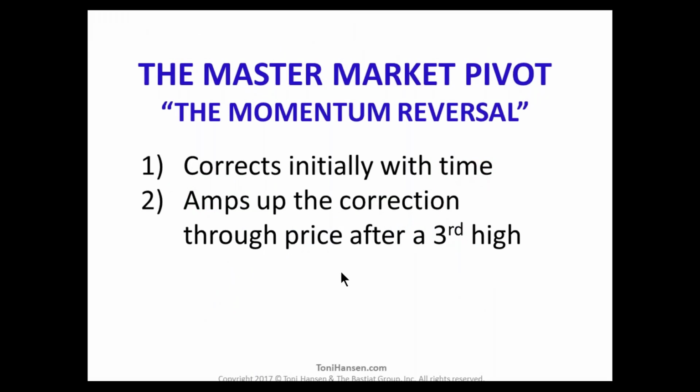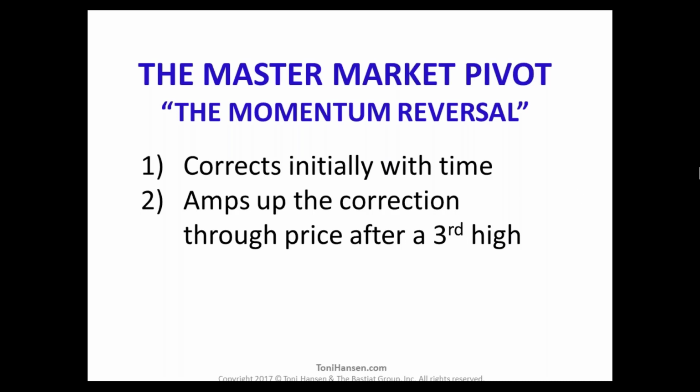We go and look at how this momentum reversal unfolds. First of all, it will start with a correction through time, meaning we will continue to see a strong trend unfold, but then the momentum of that trend begins to gradually change pace.